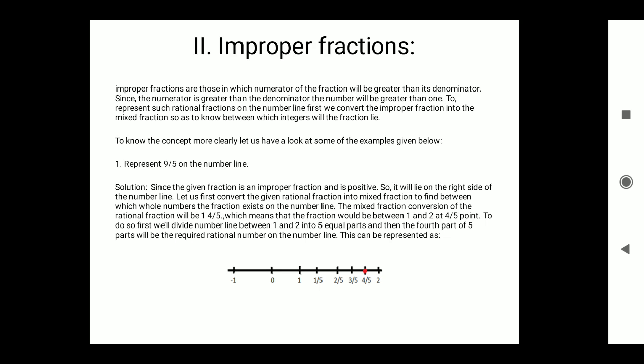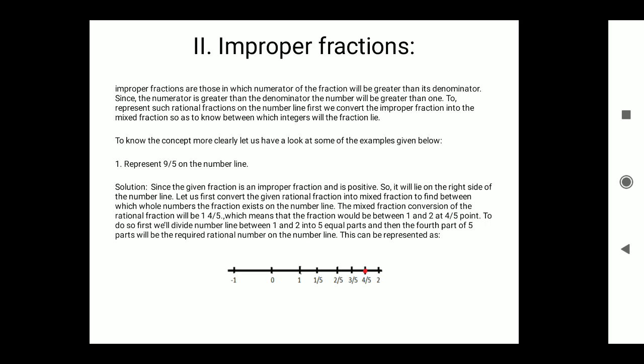To represent such a rational number on the number line, first we have to convert the improper fraction into a mixed fraction. What is a mixed fraction? You already know, we discussed mixed fractions in the previous class, so as to know between which integers the fraction lies.